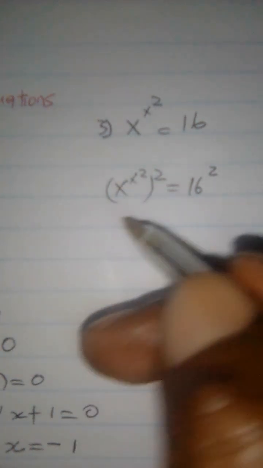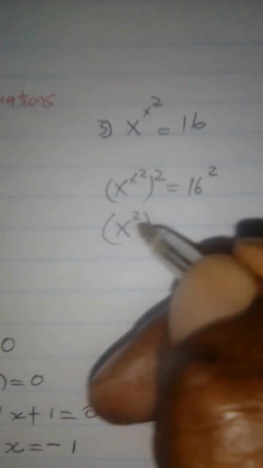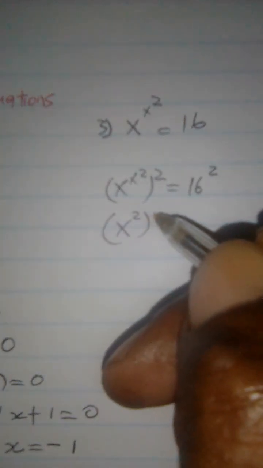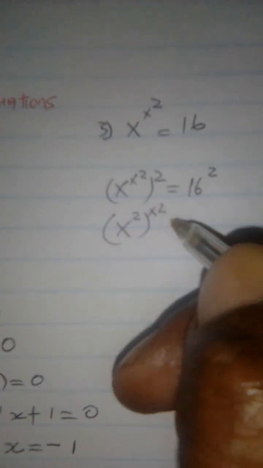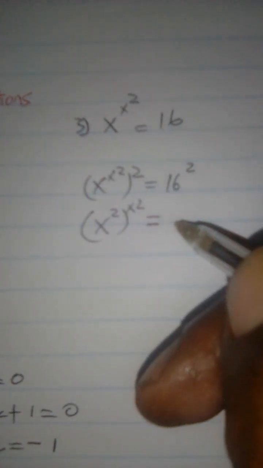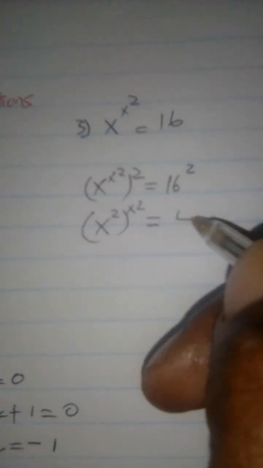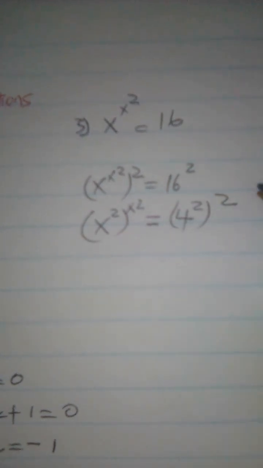Now I'm going to write x squared, and outside this x squared, 2, which is equal to, now 16 can be rewritten as 4 squared, and the 2 will still remain outside.